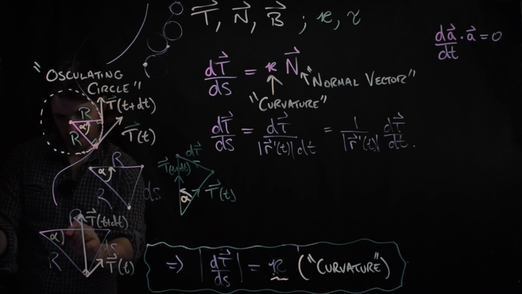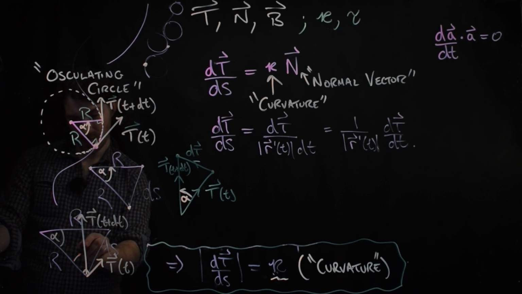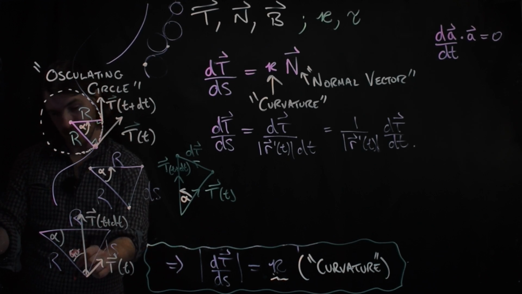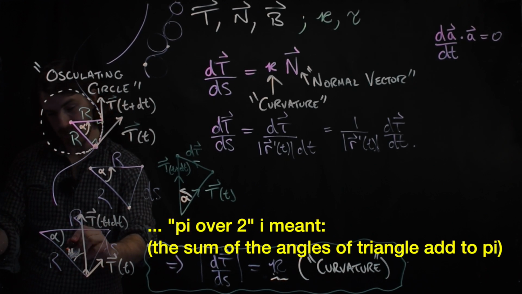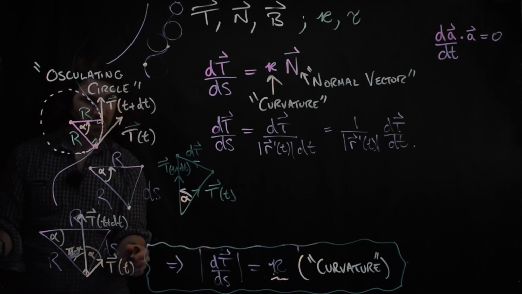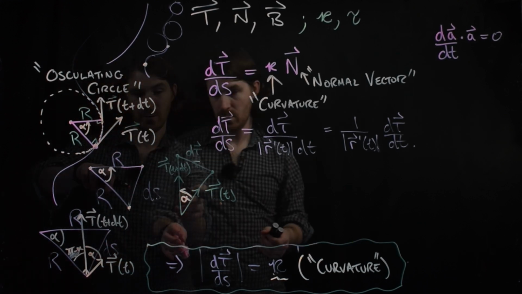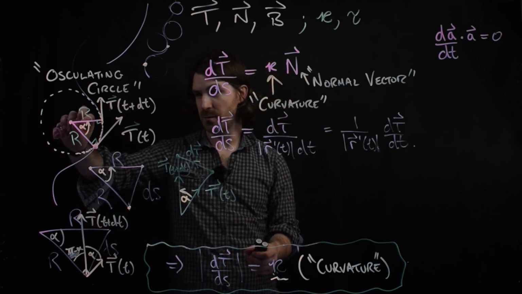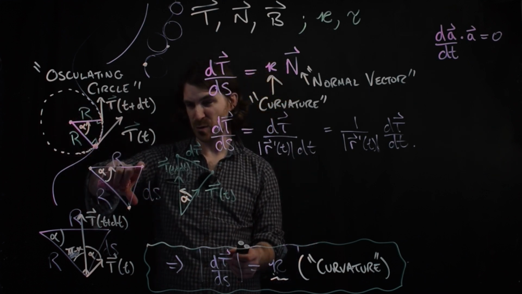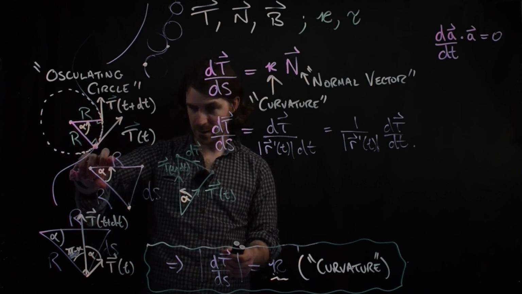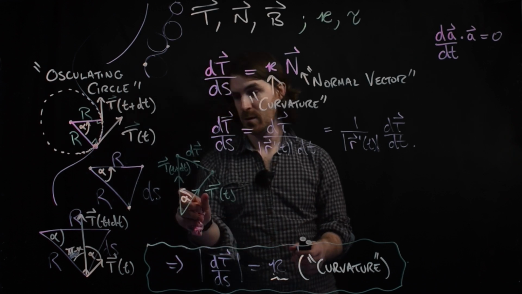So if this angle is alpha, then this angle here is 90 minus alpha, or pi minus alpha, let's say. So this is pi minus alpha, which means that this angle is alpha, and this is the angle between the two tangent vectors. So we've got two similar triangles, and of course, we're always thinking about this angle being small, these are small lengths. So we can think of this as an isosceles triangle, and likewise this.